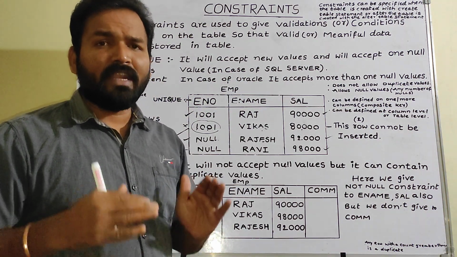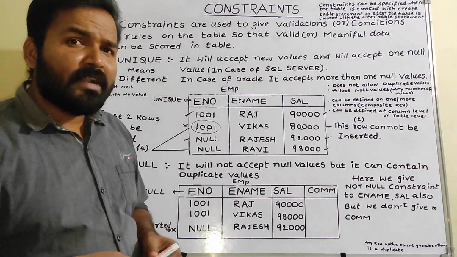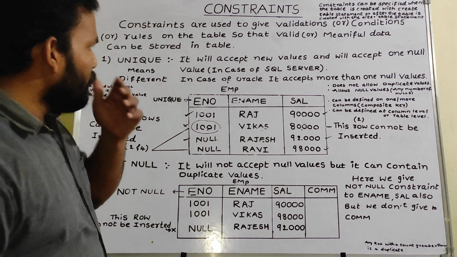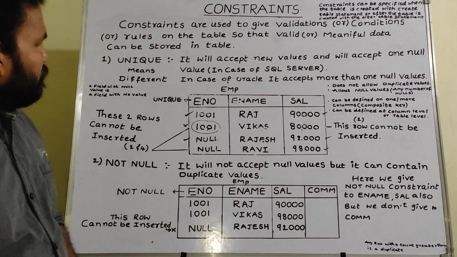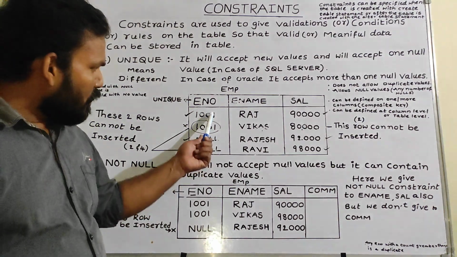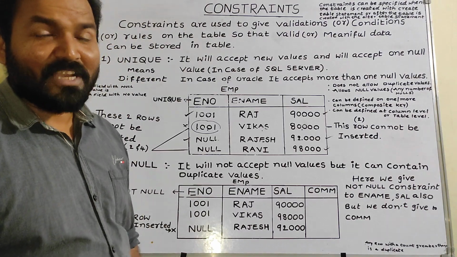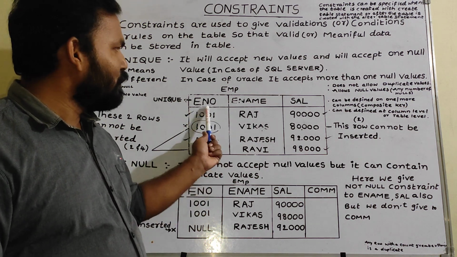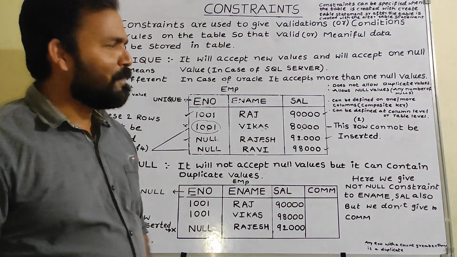So the unique constraint ensures that all values in a column are different. Remember this point.